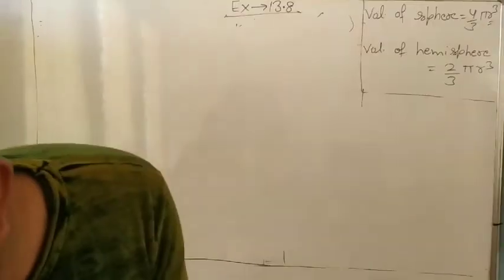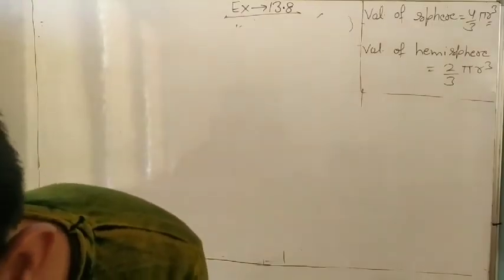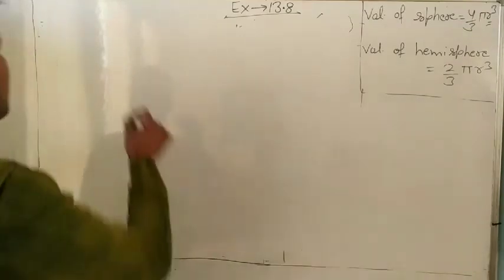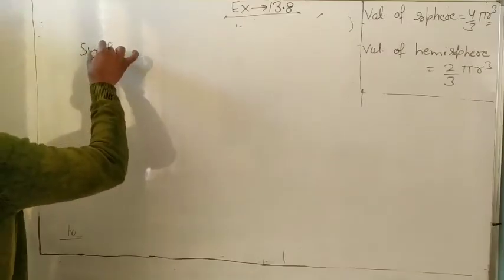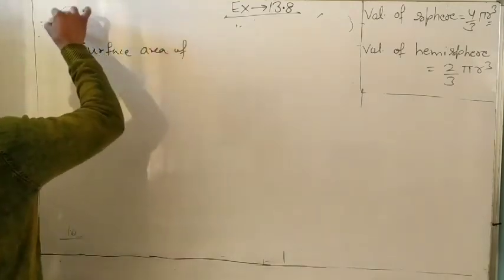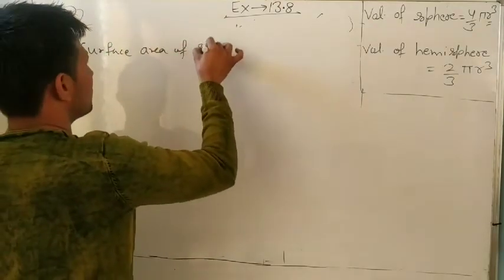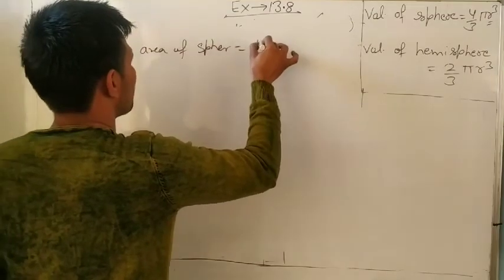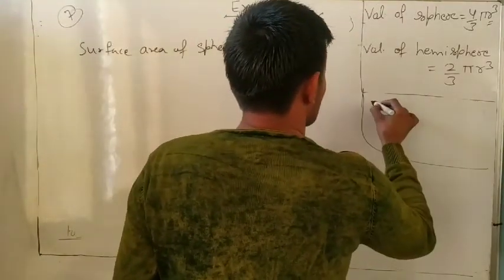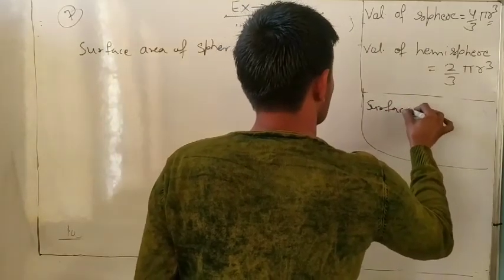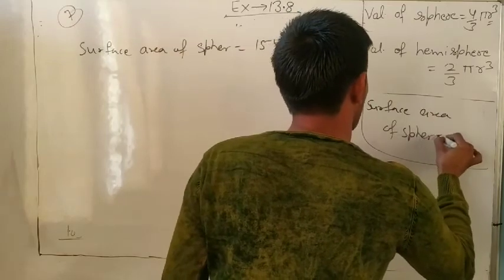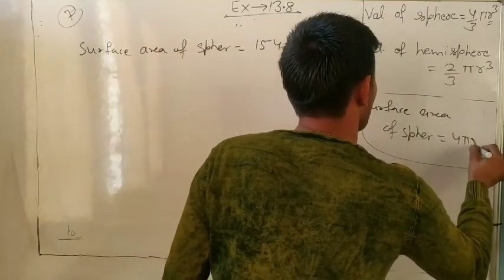Next is question number 7. Find the volume of a sphere whose surface area is given as 154. The surface area formula of a sphere, everyone knows, is 4 pi r square.